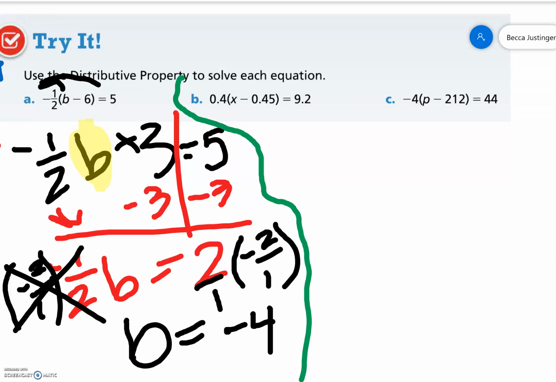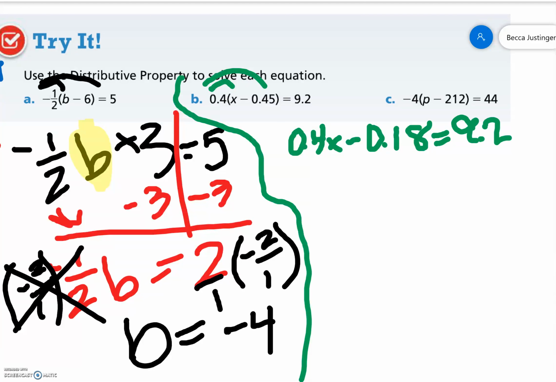All right, B, I'm going to distribute in. 0.4 times x is going to be 0.4x. And then, using my calculator, 0.4 times 0.45 equals 0.18, but I know it's a positive times a negative. So it's going to be 0.18 equals 9.2.